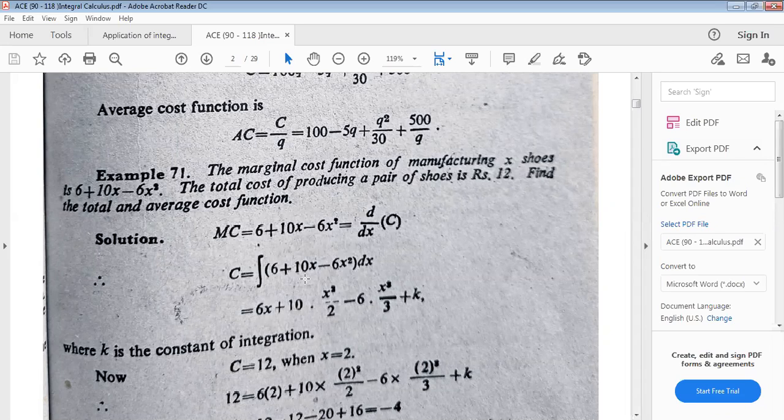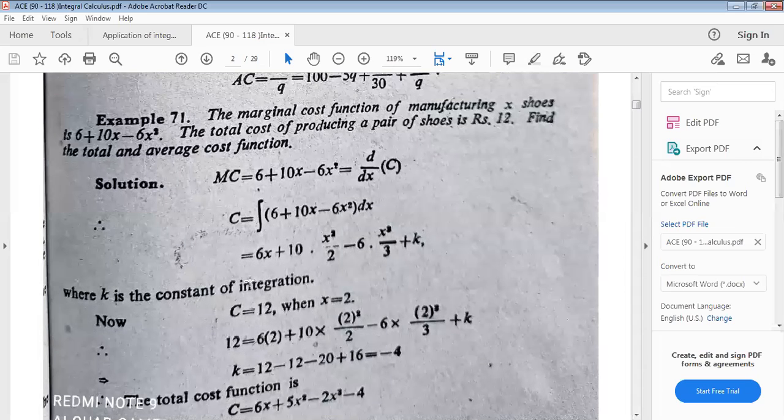Integration of 6 into 1 is only 6x. Integration of x is x to the power 1 plus 1 divided by 1 plus 1, so 10 into x squared by 2. Minus 6 into x squared, integration gives x to the power 3 plus 1 divided by 3 plus 1, that means x cubed by 3. Then you have to introduce a constant k. This is the integral constant, where k is the constant of integration.